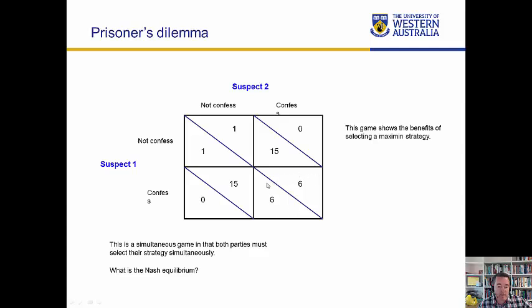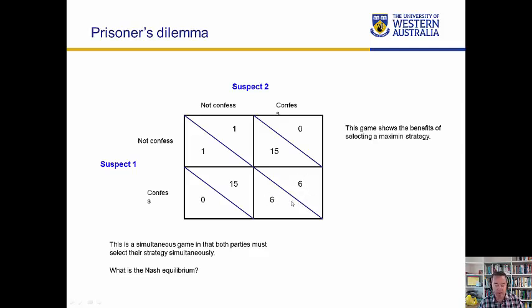That's why it's so difficult for both prisoners to actually hold out in a situation like this. It's very difficult for them both to not confess, because if they don't confess but the other person does, they get 15 years. So you really do want to avoid that 15-year possibility.